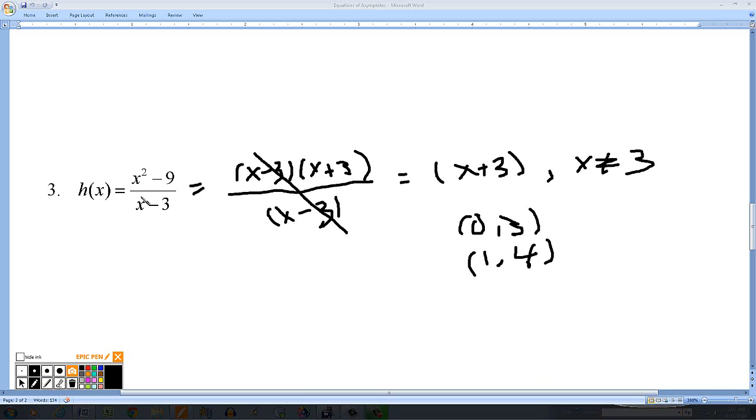So basically this is not a rational function at all. It's a line with one point deleted. Well, what point is deleted? Well, x cannot be 3, but if I were to put the 3 where the x is, I would get 6. So basically it's a line with the point (3, 6) deleted. Okay.